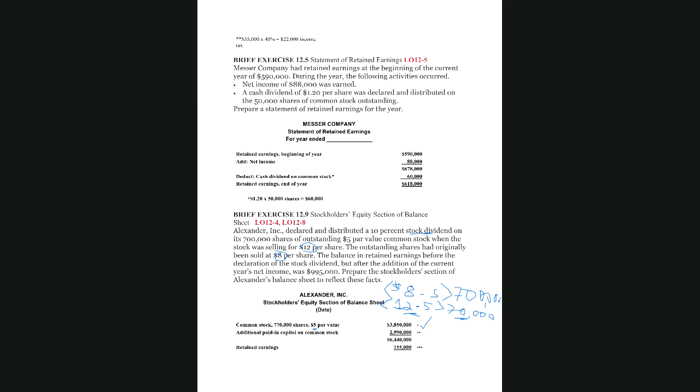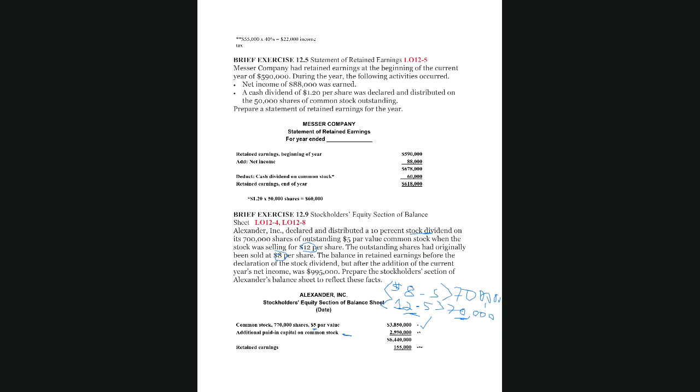And which is the amount that's capitalized on a small stock dividend? The market value of the shares. So the $12 per share minus the par value, that's the amount that's going to be credited to the additional paid-in capital.